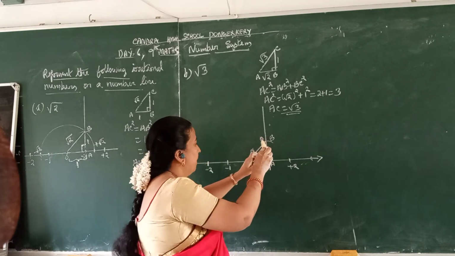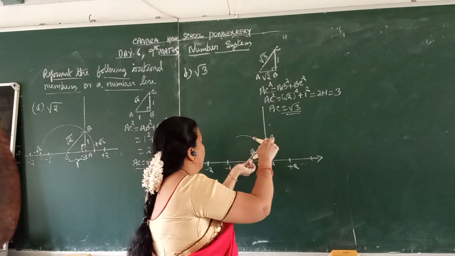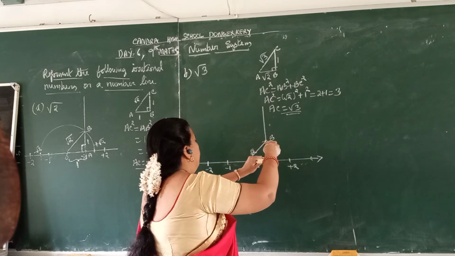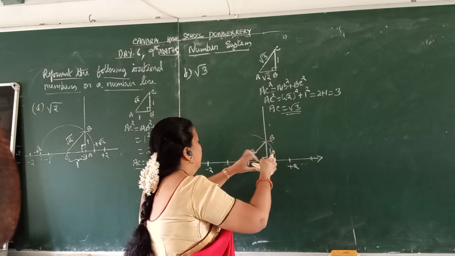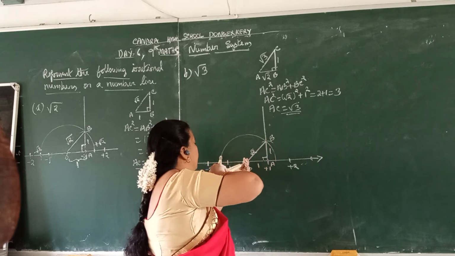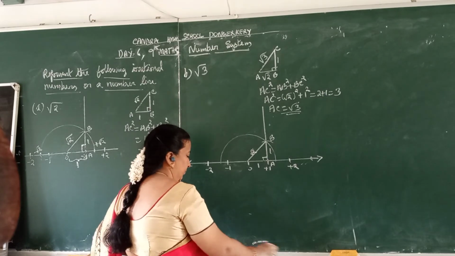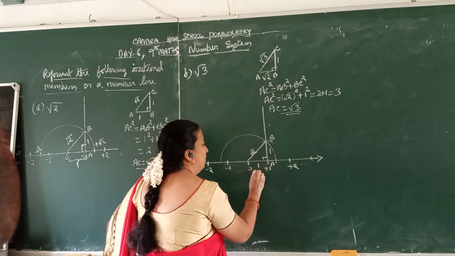Take √2 in the compass. Draw a semicircle. Now this is √2.